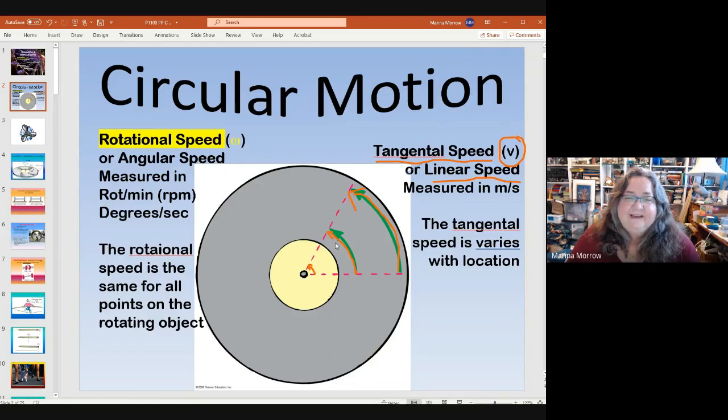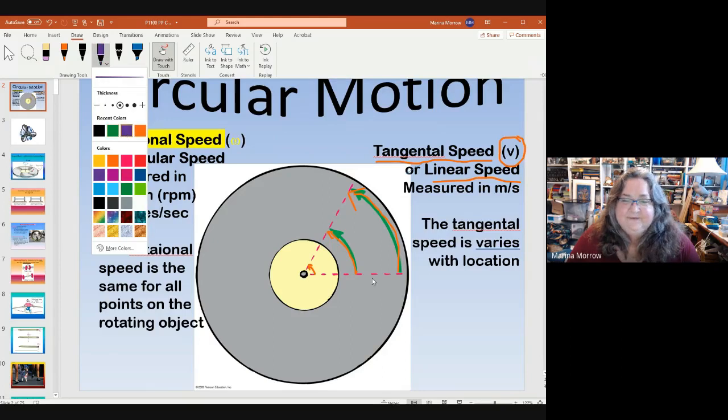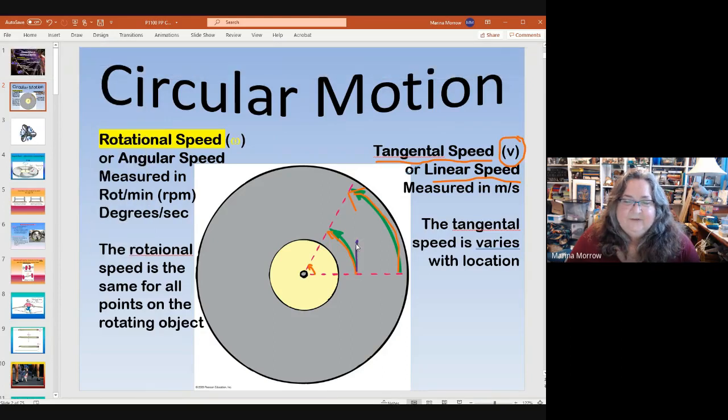And in that case, these two points here might have different velocities. They might actually be going at slightly different speeds or very different speeds. So the tangential velocity at this point, maybe that one's 3 meters per second. And the one that's twice as far out has to go faster because it's got a longer distance to get through if it's going to make its way around the record.